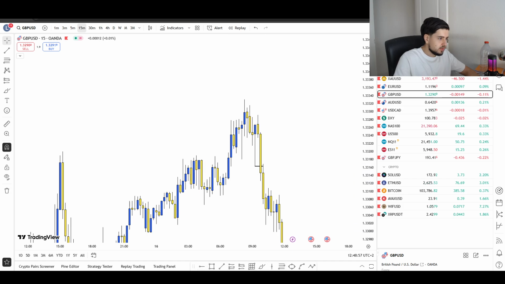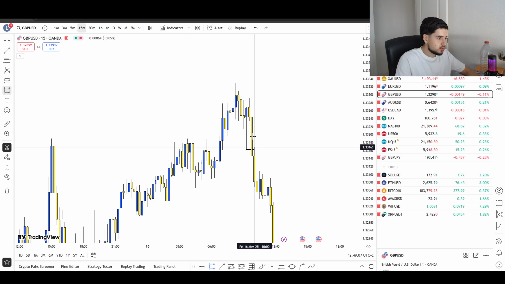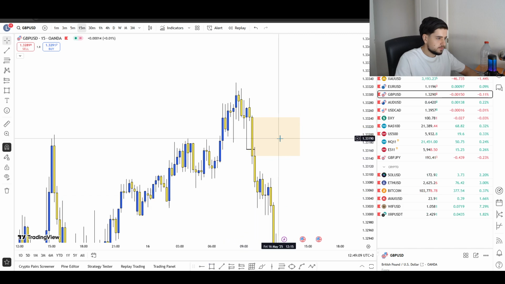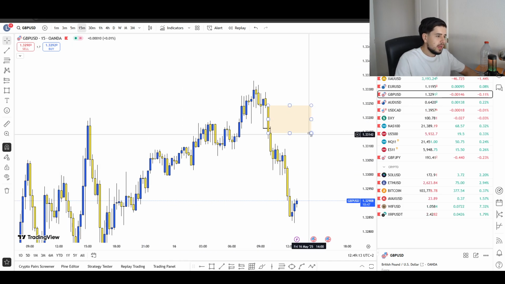So essentially, it creates a low here, but we use the wicks. So this is the lower wick. So we use this wick, and then this is the candle that breaks structure. So essentially, from now on, we should have a downtrend, and we do have a downtrend.